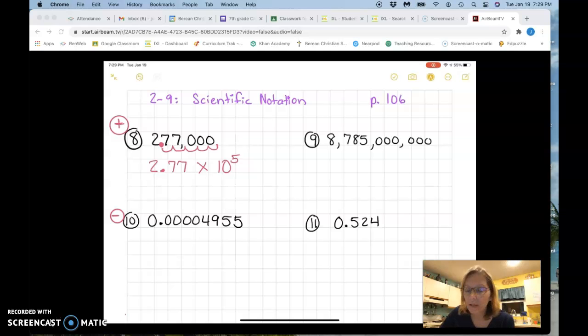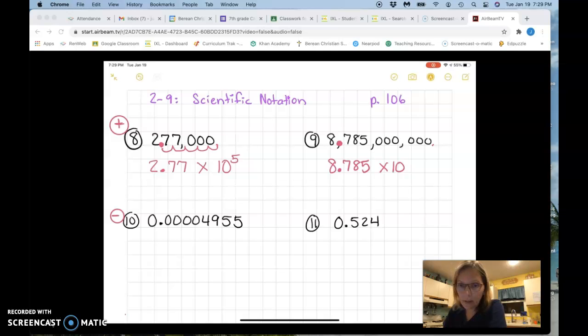Okay? Again, number 9. Let's put the decimal between the first two numbers that are not 0. That way I make a number between 1 and 10. 8.785 is between 1 and 10. Write my times 10, big number, positive exponent, and count how many hops from where the decimal originally started on the end.